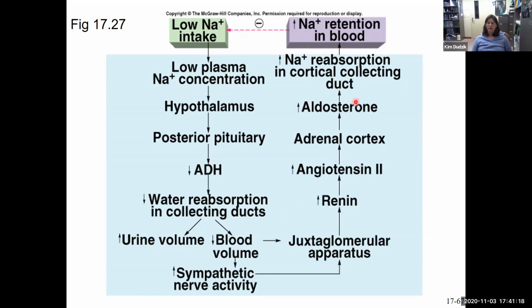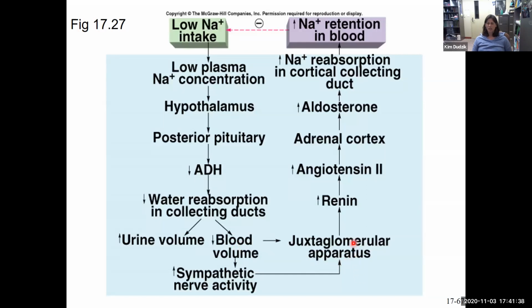If we want to retain sodium in the blood, we go back around here. Our blood volume's low now. That tells the juxtaglomerular apparatus, hey, blood pressure went down. Remember, when blood volume's low, blood pressure's low.